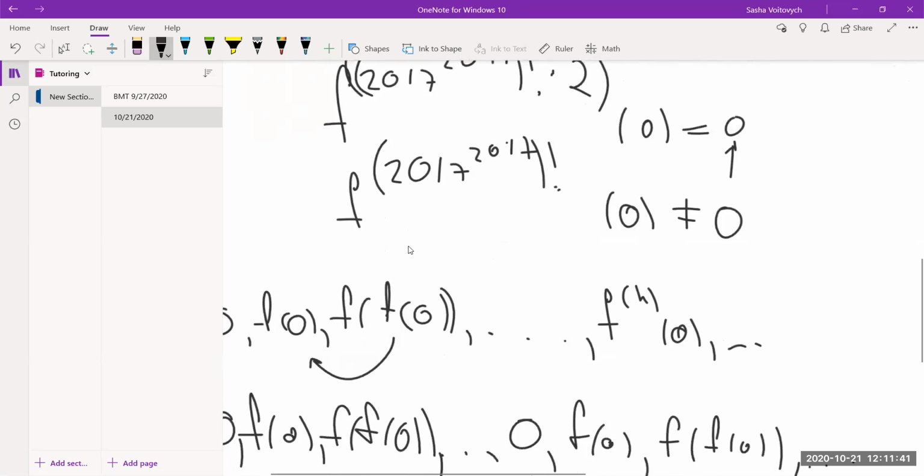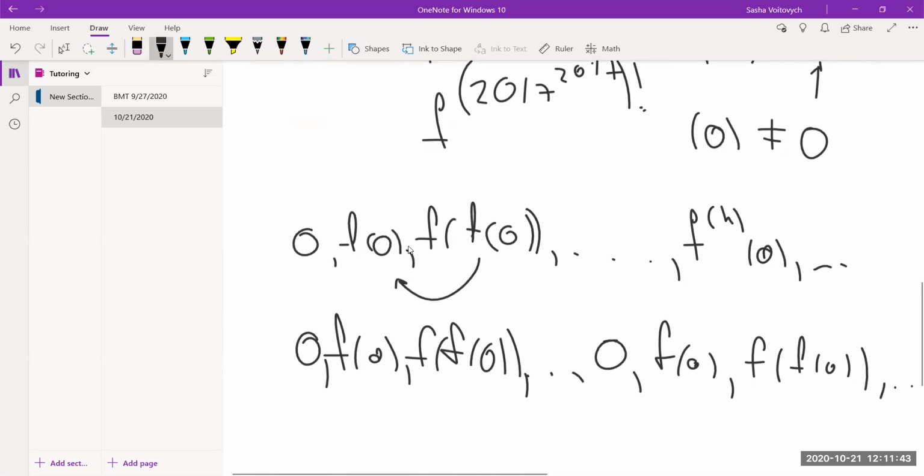Okay, so let's set the minimum period to be equal to t. I say minimum because if t is the period of this sequence, then 2t is also a period, and 3t is also a period. So we want minimum t.